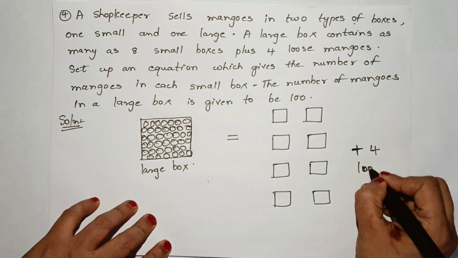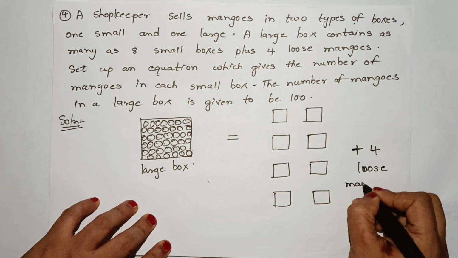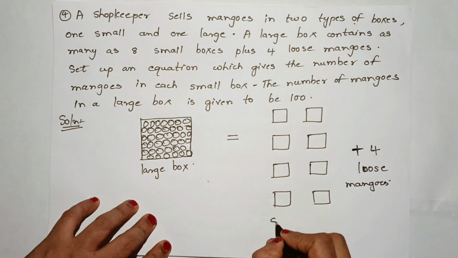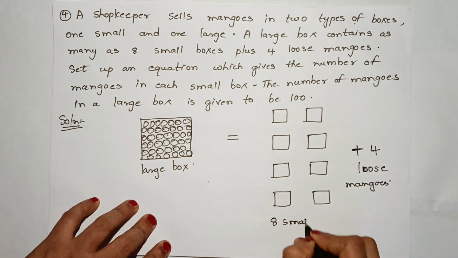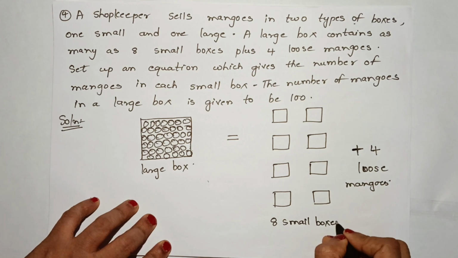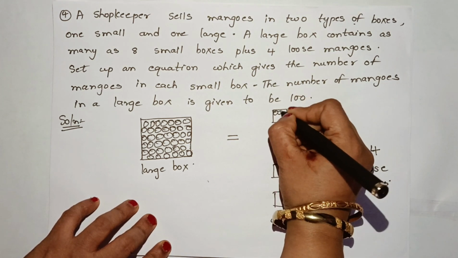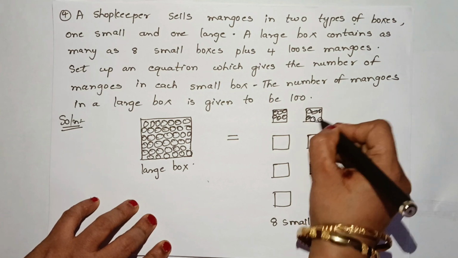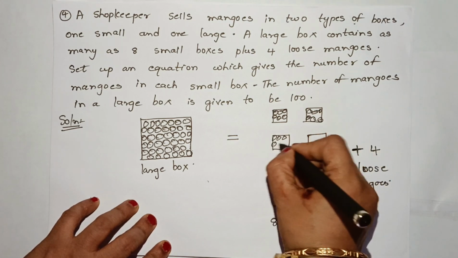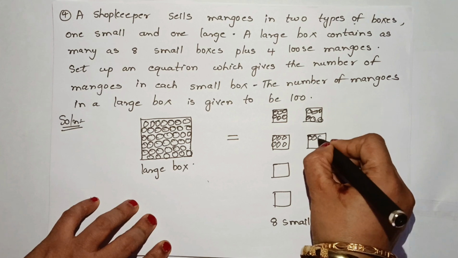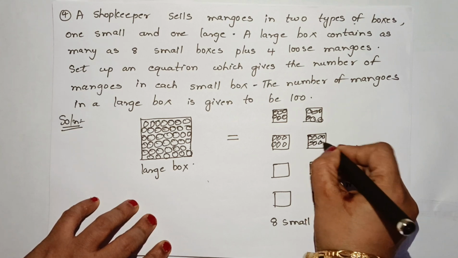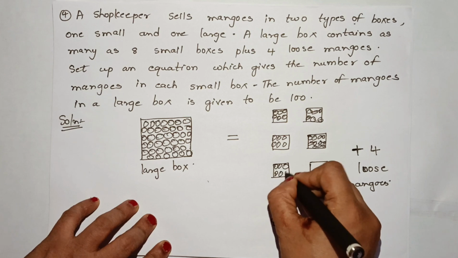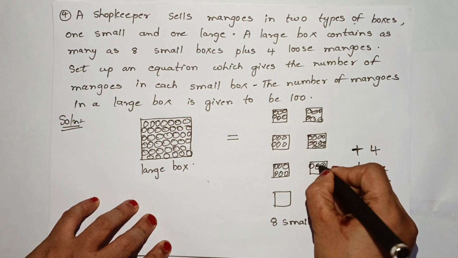Are you understanding? 4 loose mangoes. Therefore, these are how many boxes? 8 small boxes. In all the 8 boxes, you have mangoes kept properly in all the 8 small boxes.